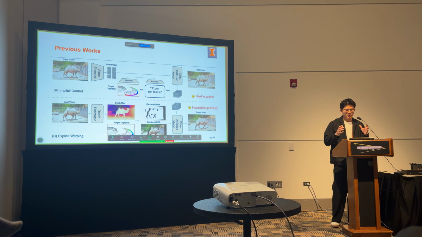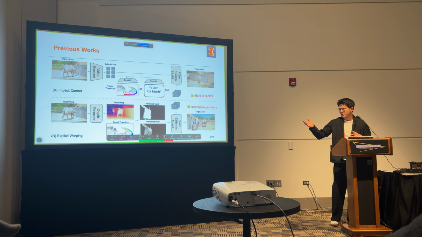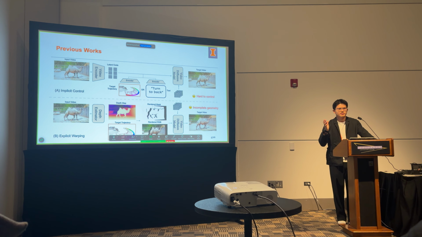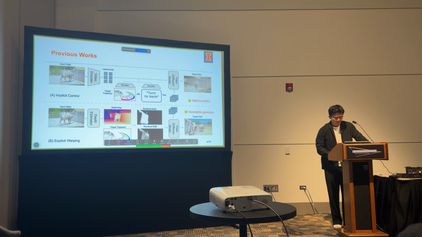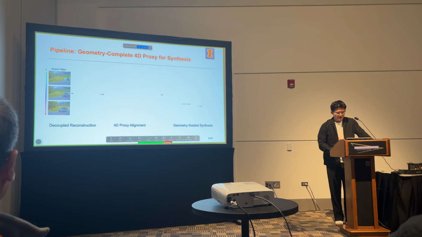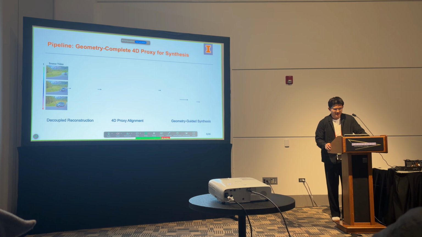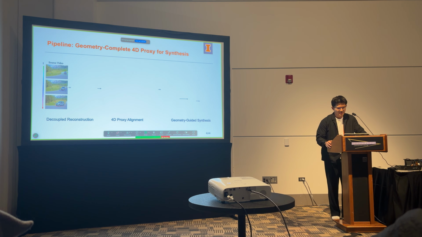Because you only have the observed content, the geometry here is not complete. You only have the partial one which you observe from the initial video. This motivates our key idea, using explicit geometry, but a complete one.